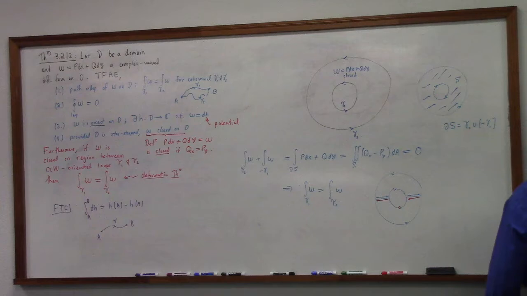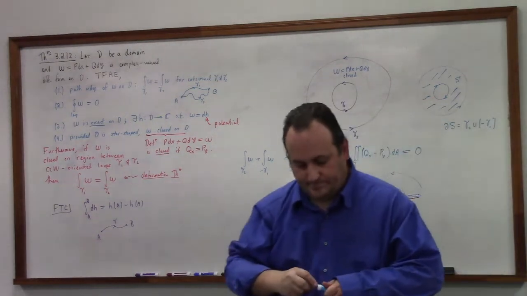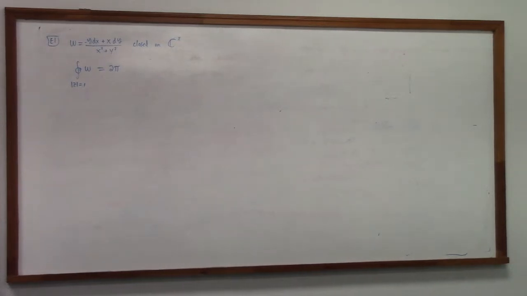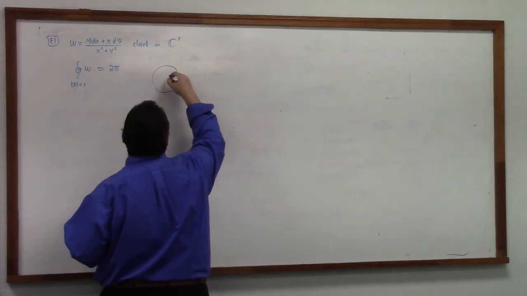And we saw that the integral over the circle, in the counterclockwise oriented fashion, was equal to 2 pi, right? And this is closed on the punctured plane. So here's our circle, here's the origin.